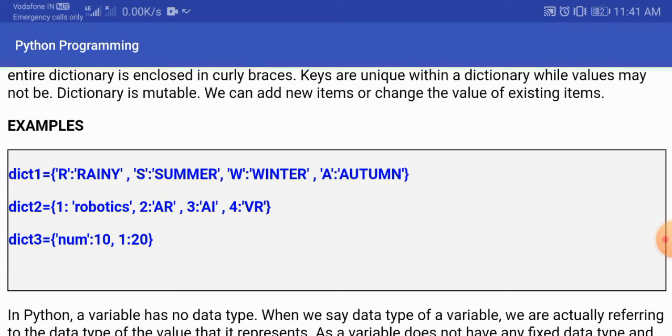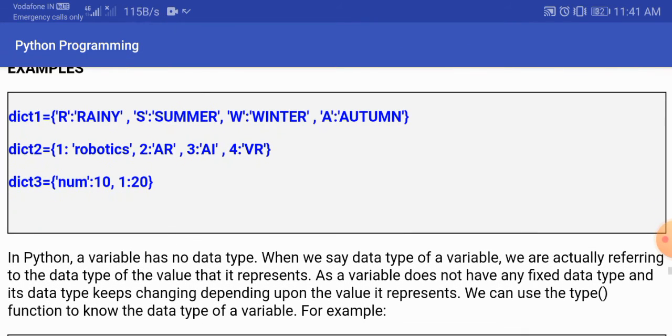Similarly you can see that dict 2 is created, and the keys are 1, 2, 3 and 4, and the values of the corresponding keys are robotics, AR, AI and VR. Similarly dict 3 is there with two key value pairs. First num is the key, and the value of that key is 10. Similarly 1 is the key and 20 is the value of that key.